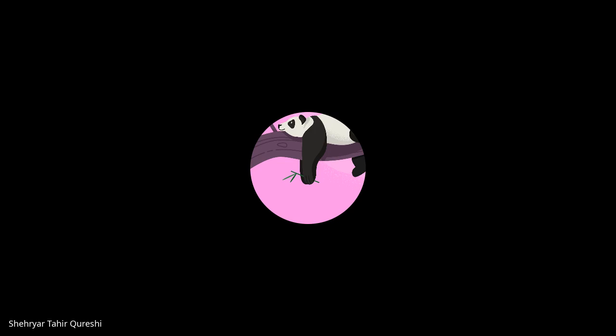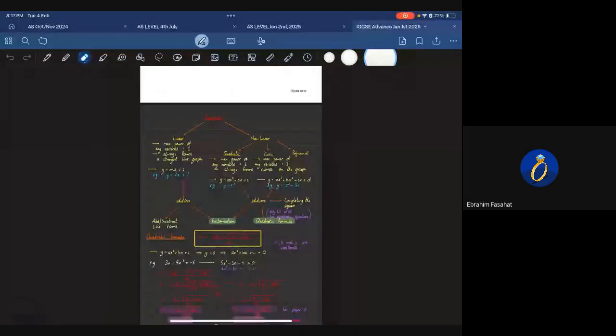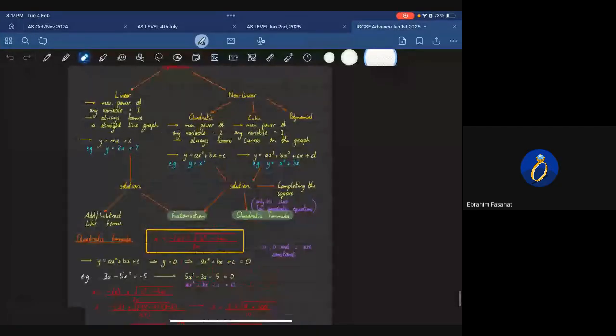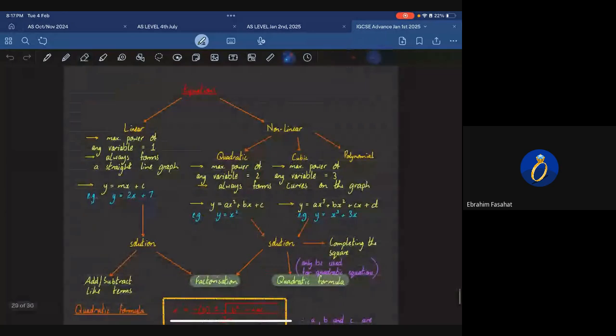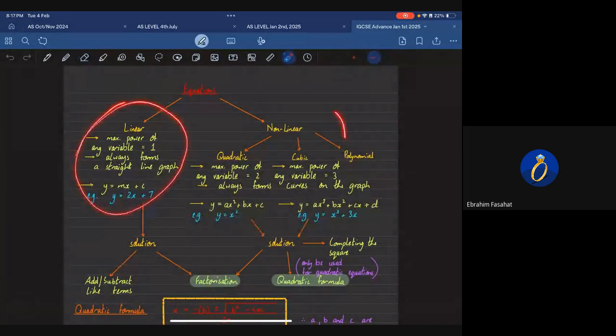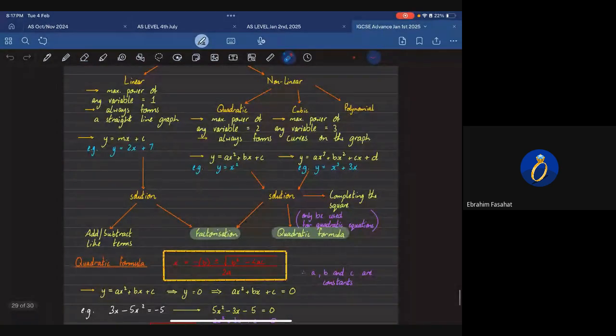So now what's going to happen is that, for example, if you've got equations, we've seen in our previous class as well that firstly they're going to be classified into their further forms. And once they're classified, in order to solve these particular equations, we're going to be using different methods as well. And those methods are simply factorization.